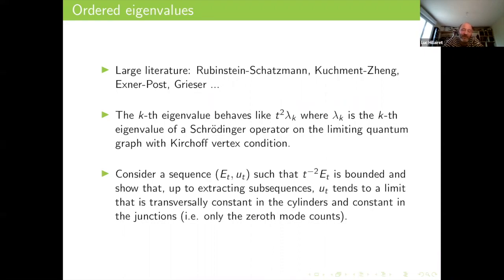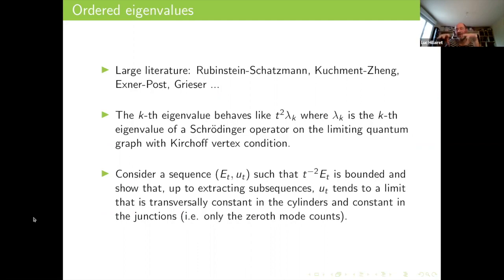If you consider a sequence E_t, u_t such that E_t is bounded above by a constant times t squared, I have renormalized, and that's why this t squared comes into play, because this problem is the same up to scaling, like fixing the graph and putting around the edges cylinders of size t.